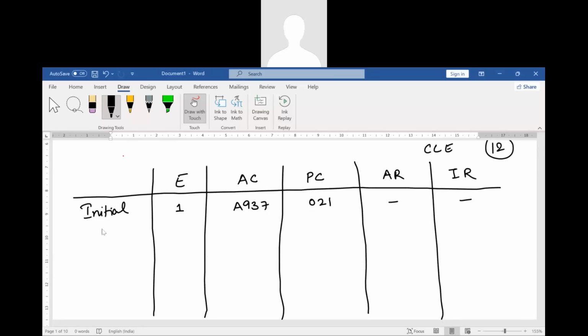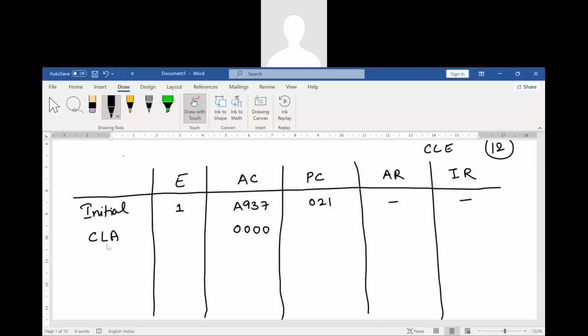Now let us start with the first instruction, CLA. What does CLA stand for? CLA stands for clear accumulator. When this instruction is executed, the content of the accumulator becomes 0. So this would become 0. During the fetch phase of the CLA instruction, we are incrementing the value of PC.